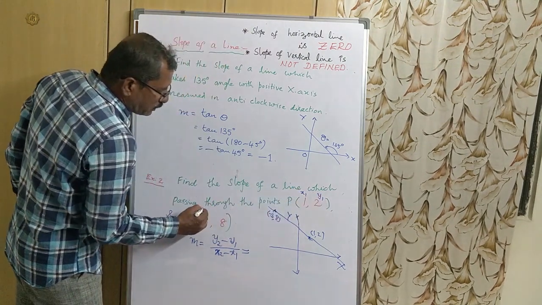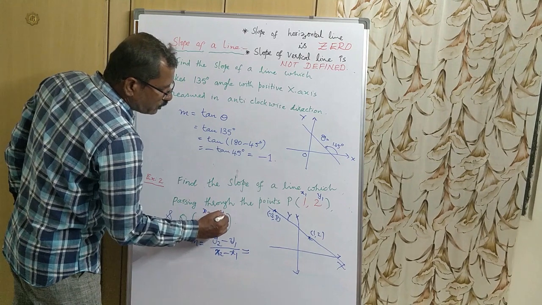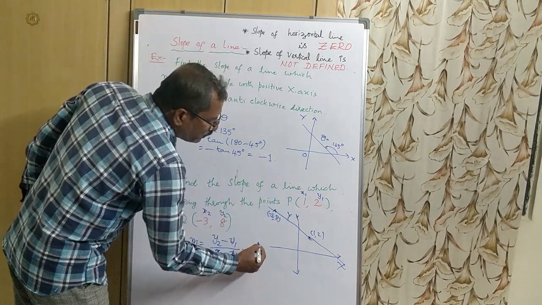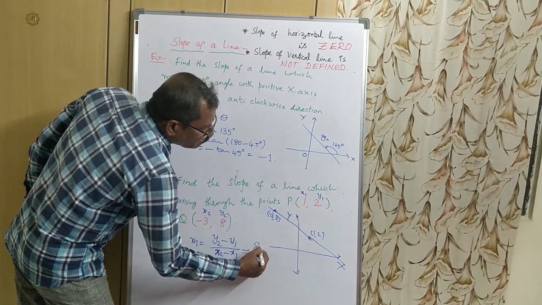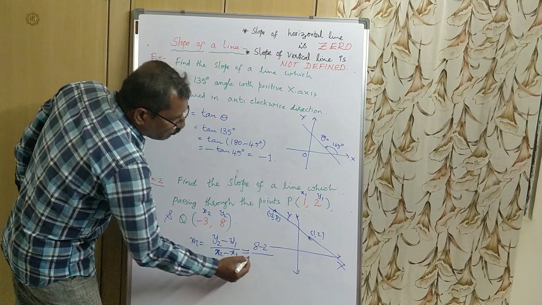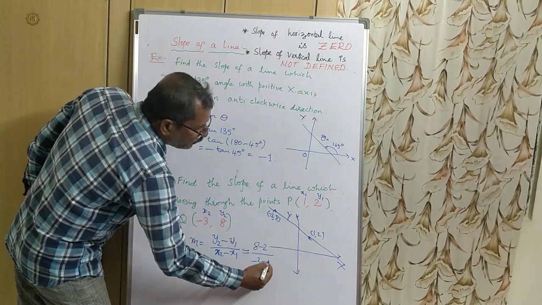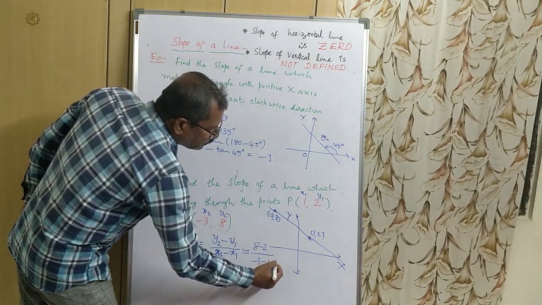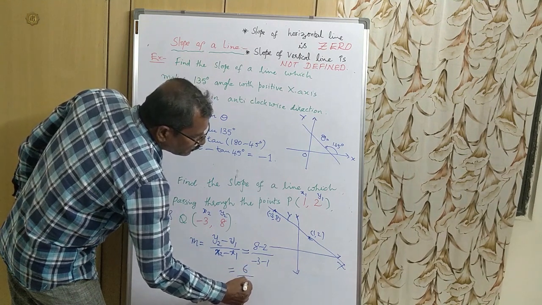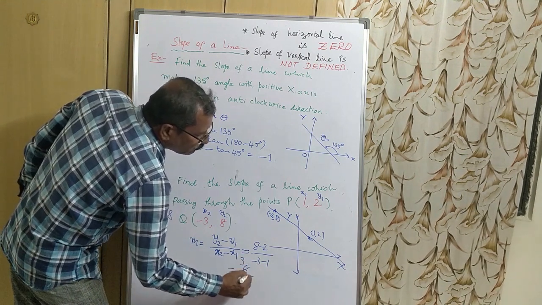So y2 minus y1 is 8 minus 2, by x2 minus x1, which is minus 3 minus 1. So this is nothing but 6 by minus 4, which gives you minus 3 by 2.